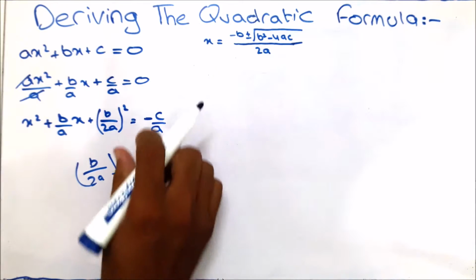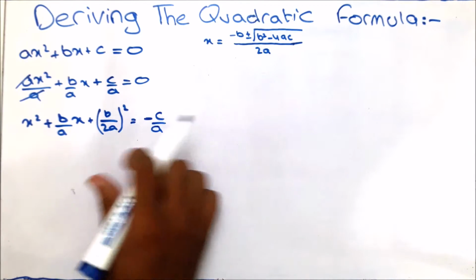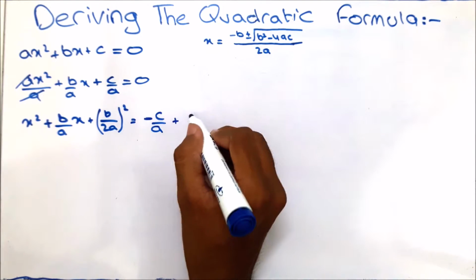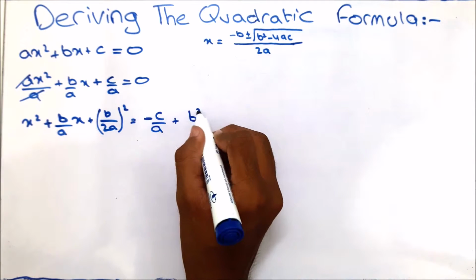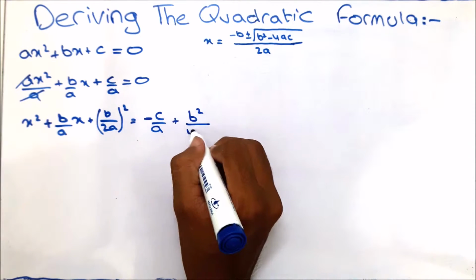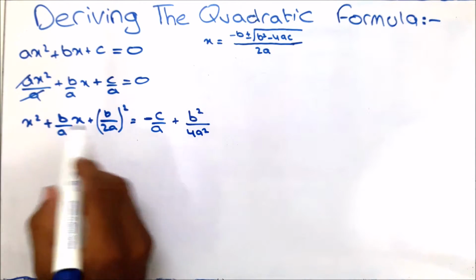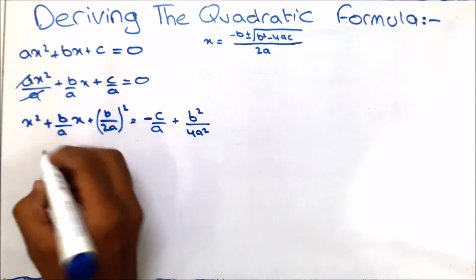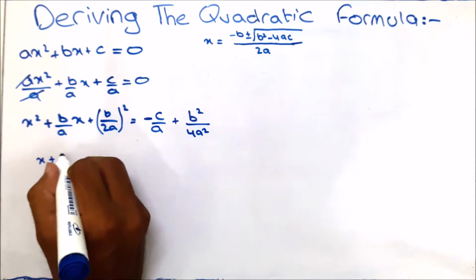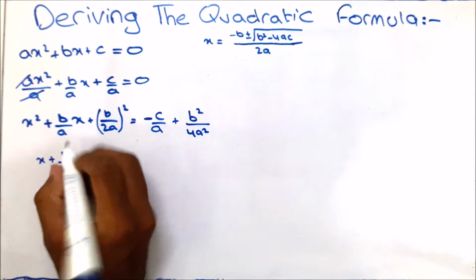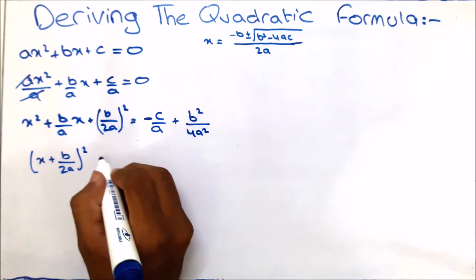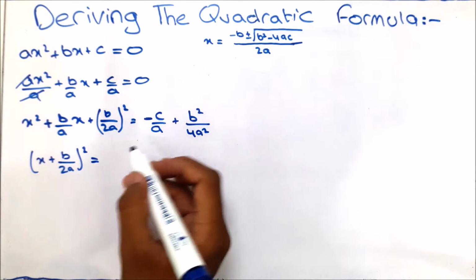And to make it even, we will add it on the other side of the equal sign as well. We'll just add b squared divided by 4a squared. I just squared it over here. Okay, so here you can see it's a perfect square. I can write it as x plus b over 2a, that is whole squared, equal to this.